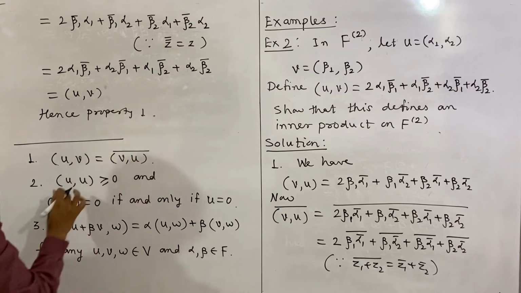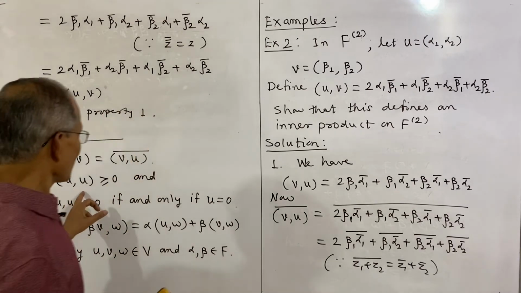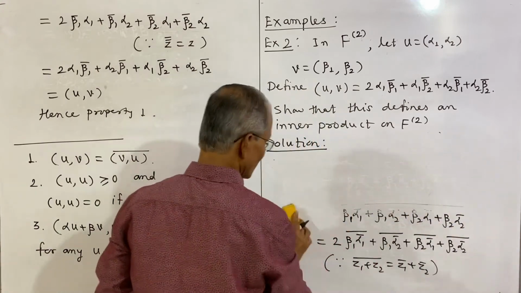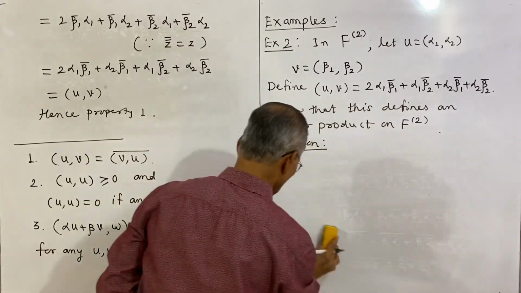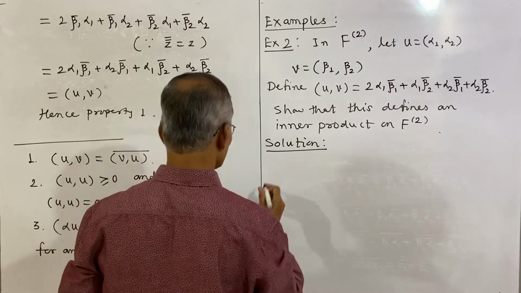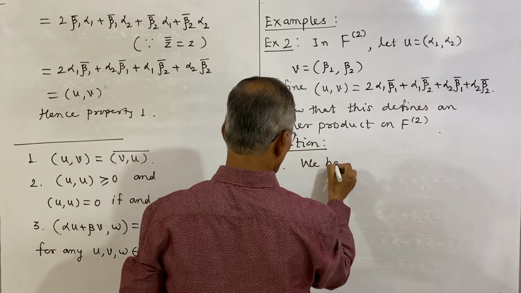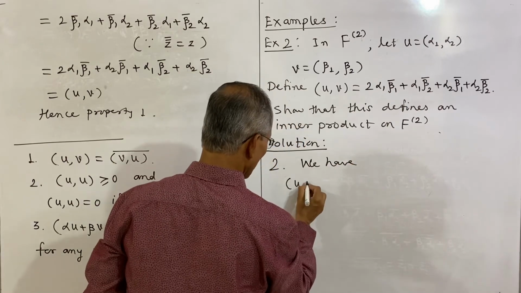Now we shall go to the second property, that is inner product of u and u is greater than or equal to 0. For this, second, we have inner product of u and u.